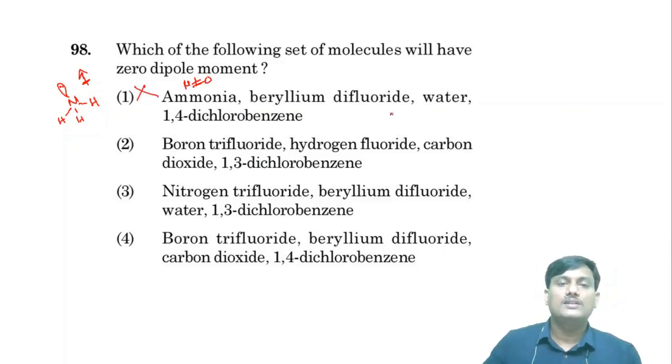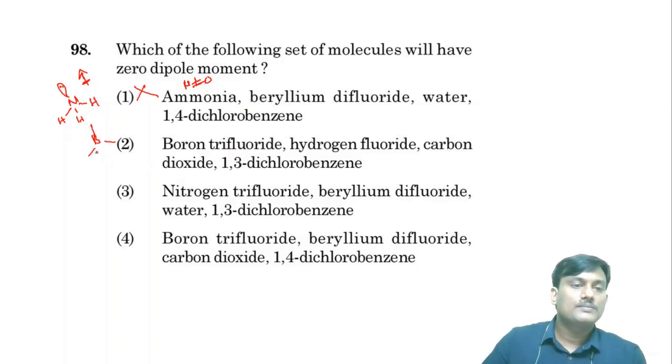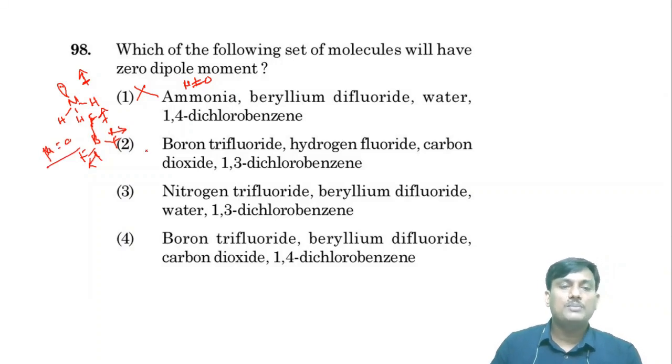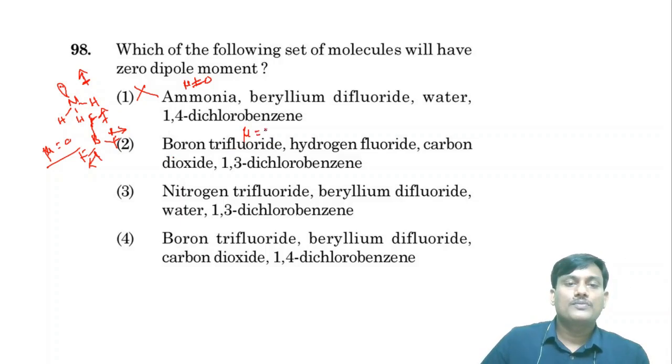Boron trifluoride: each bond has a dipole moment, but the net dipole moment mu is equal to 0. It's trigonal planar. In this molecule, mu is equal to 0. Hydrogen fluoride, mu is not equal to 0. In this direction, there is a dipole moment. So you can eliminate this one.